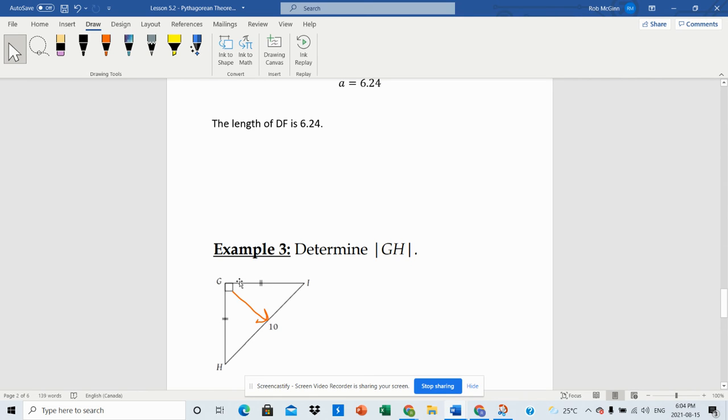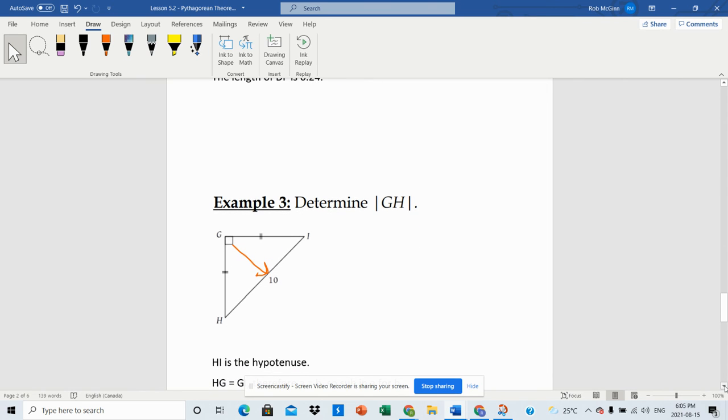That indicates that the length of GI is the same as the length of GH. In other words, we have an isosceles triangle here. So GH and GI are the same lengths. So we're going to use that information to solve this.